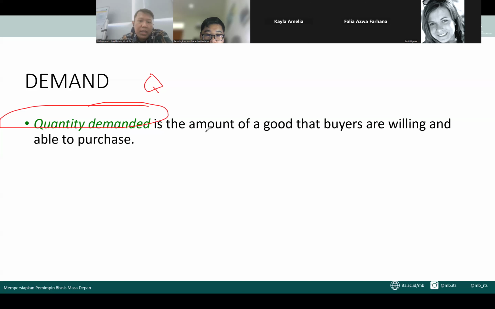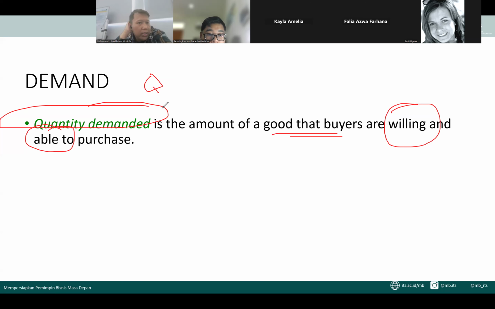Q is the amount of goods that the buyers are willing and able to purchase. There are two very important keywords here: willing and able to purchase. This is what we call quantity demanded. So when we demand something, we should be able and willing to purchase.